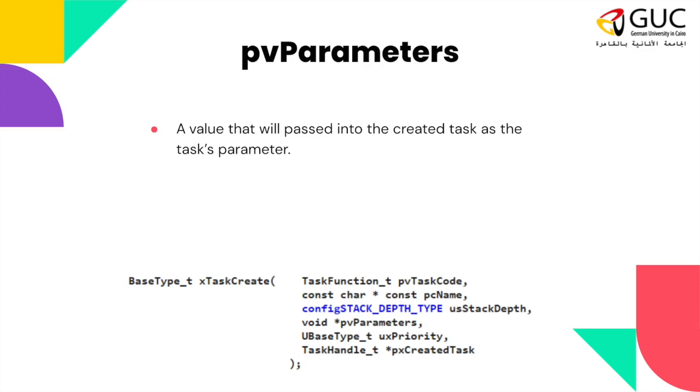So the text that will be taken as an input parameter by our display function will be added in the fourth parameter of xTaskCreate. Instead of calling display hello world in the main function, I will say xTaskCreate display, printing some words, 1000 for the stack depth, and then hello world as a string.